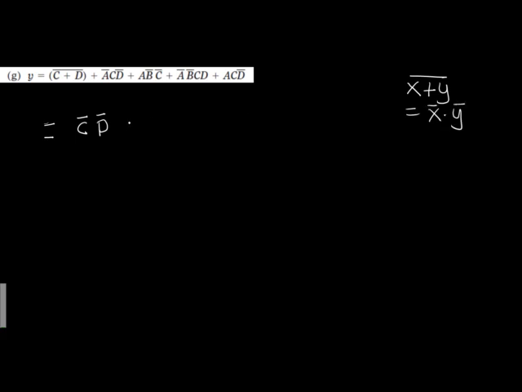Okay, and so I'm just going to continue copying down, and I've got A, B bar, C bar, or with A bar, B bar, C, D, or with A, C, D bar.